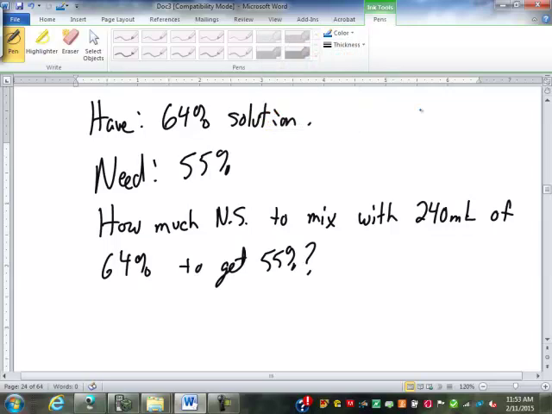This one tends to stump people just because they think there's a piece missing here. What we're mixing here is the 64% with sterile water, NS, which is 0%, to get a 55% solution.